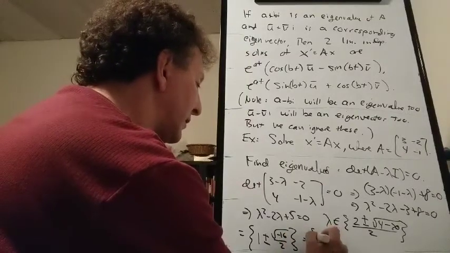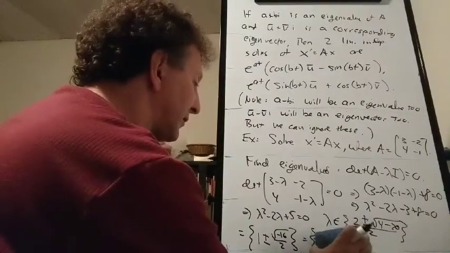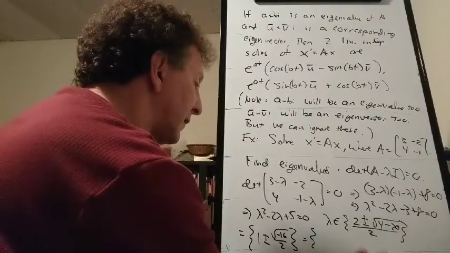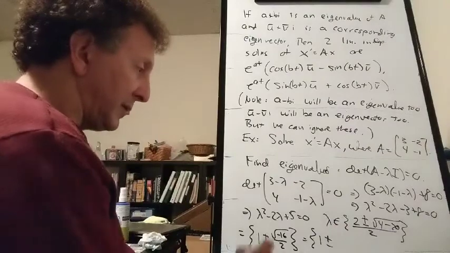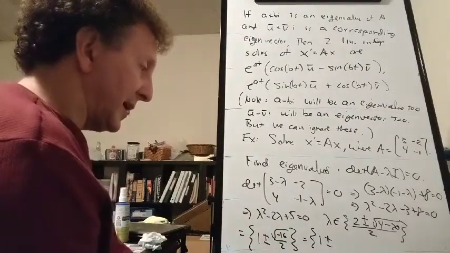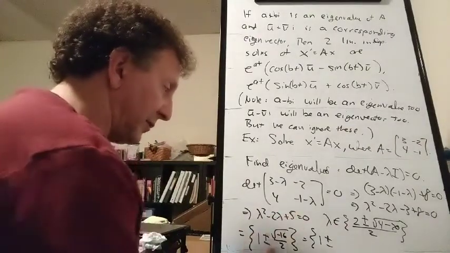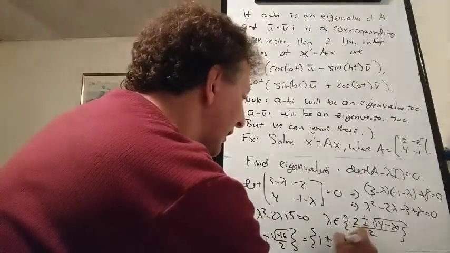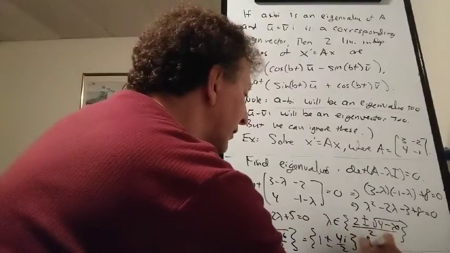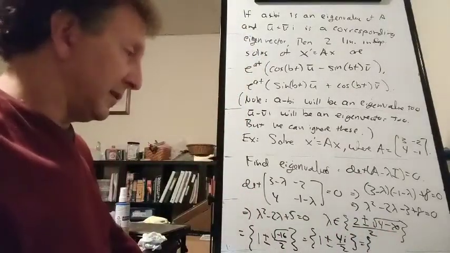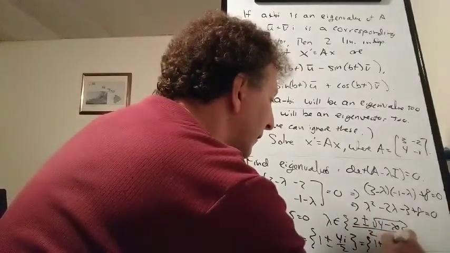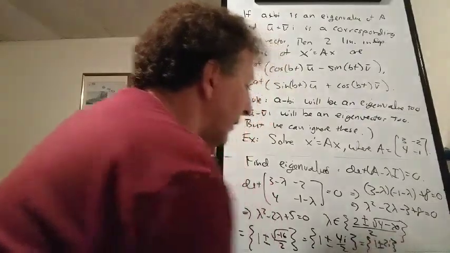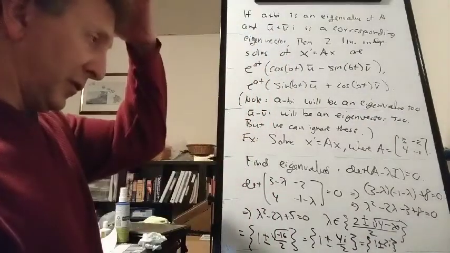The square root of negative 16 is 4i, pulling out the 16 to make a 4. 4i over 2, so this is 1 plus or minus 2i. And we can really just use the 1 plus 2i.